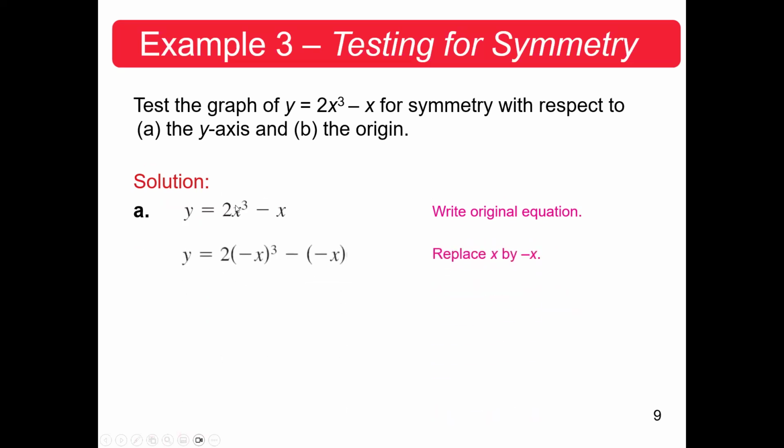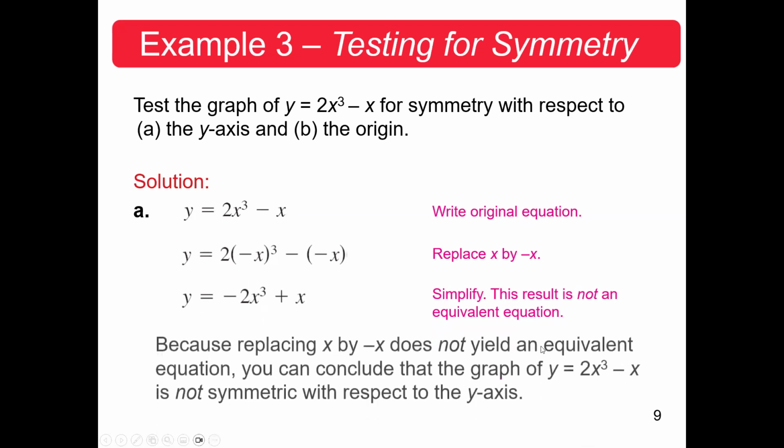Then we replace x with -x, so y = 2(-x)^3 - (-x). After we finish, we get y = -2x^3 + x. We can see that 2x^3 - x is not the same as -2x^3 + x. They are different, so the result is not an equivalent equation.